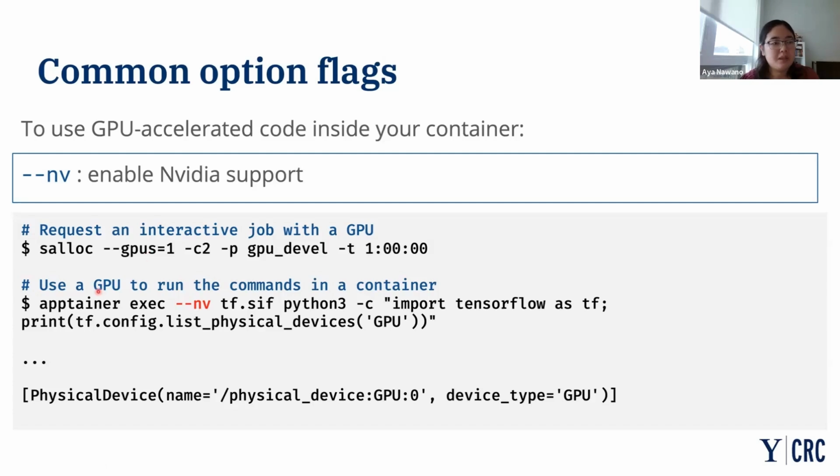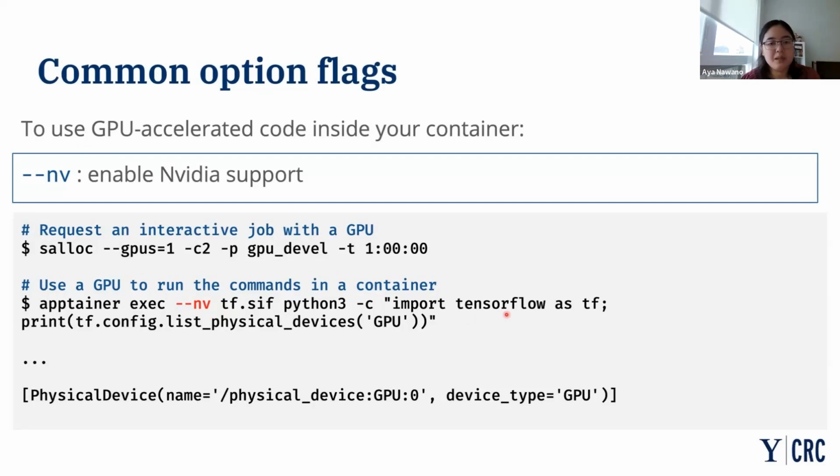For example, you can request an interactive job with 1 GPU, 2 CPUs in a GPU develop partition for 1 hour. Then we'll use the Apptainer exec command along with the --nv flag to run GPU specific commands inside a container.